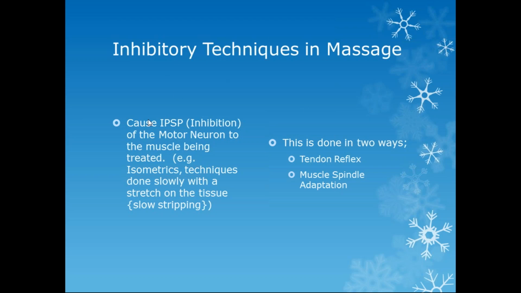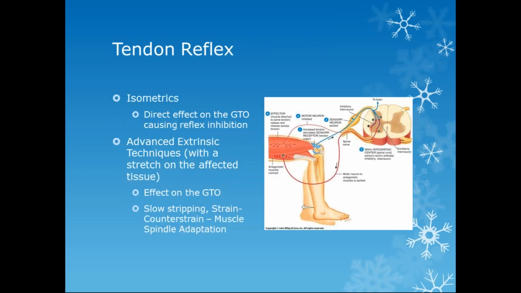Okay, so all of your IPSPs will get the muscle to adapt. The tendon reflex is one that we use, and isometrics have a direct effect on the GTO, causing the reflex inhibition. So we know that directly we cause it there. With the advanced extrinsic techniques, if you have a stretch on the affected tissue, you'll have an effect on the GTO.